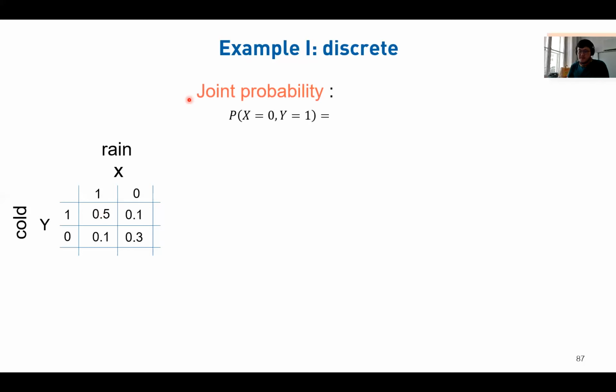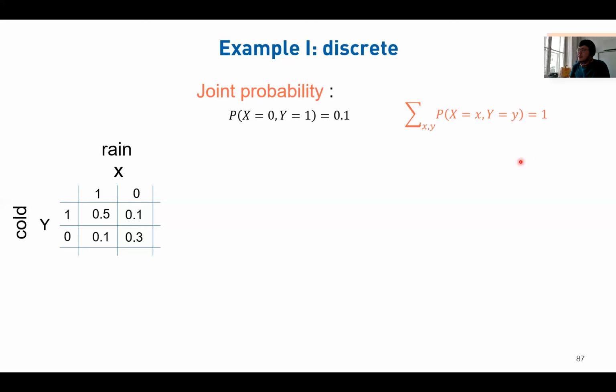So here is a joint probability, and it can be described in this way. If we're interested in the probability of x being 0 and y being 1, not surprisingly, we go to this cell in the table and get 0.1, right? We could generalize this formula a little bit.